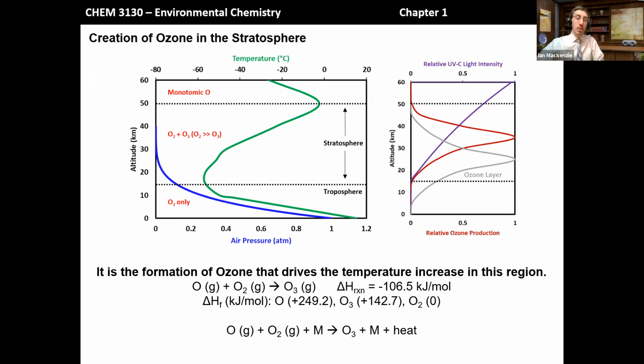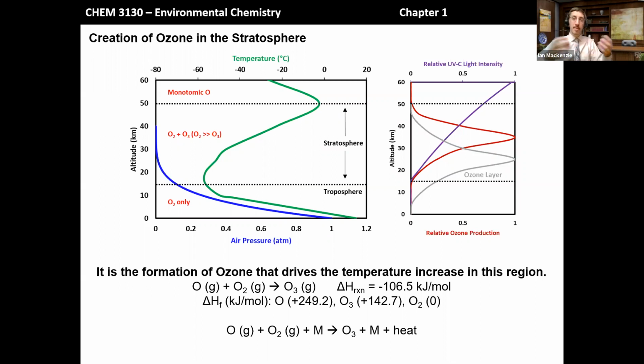And so we don't tend to draw the formation or the destruction of ozone exactly in this way, with this extra molecule in there, but sometimes it's helpful to know that it's there and involved as a way of giving off the heat that's generated from the reaction.